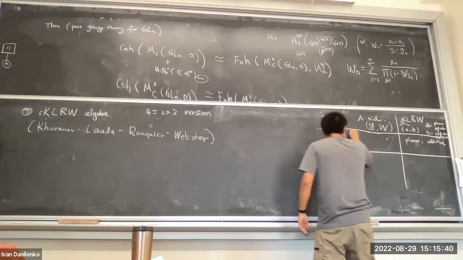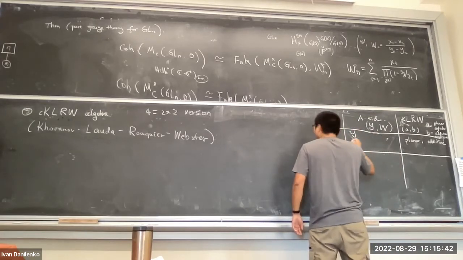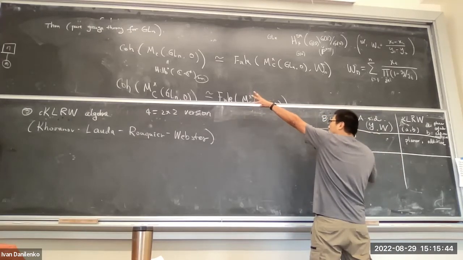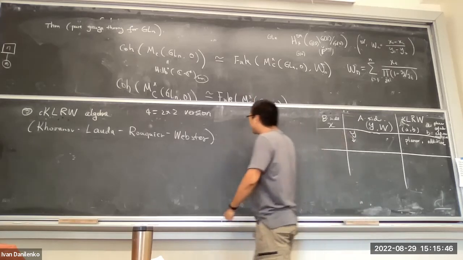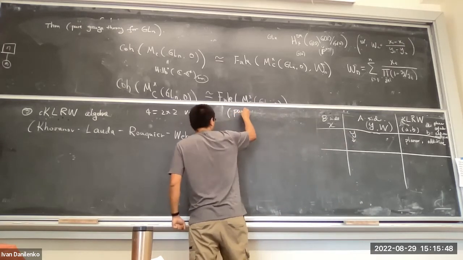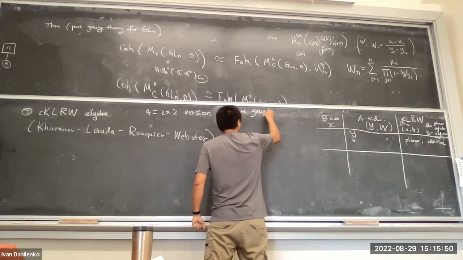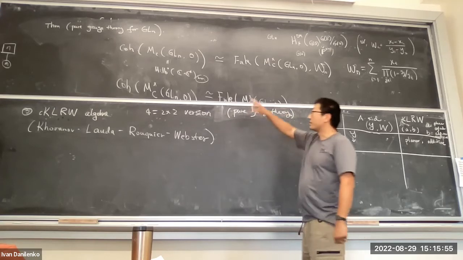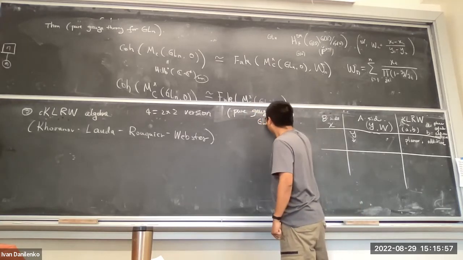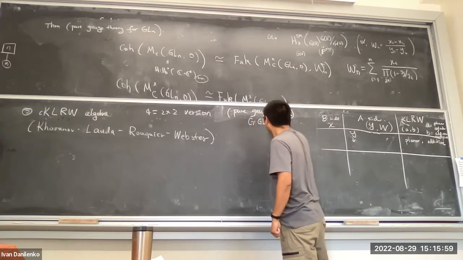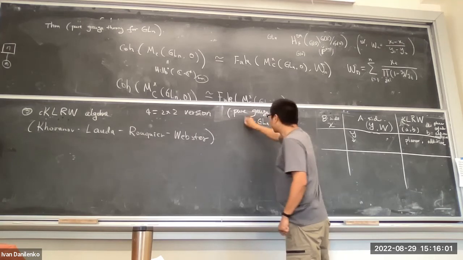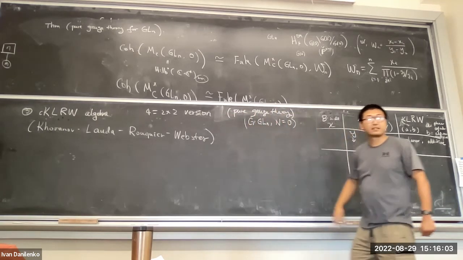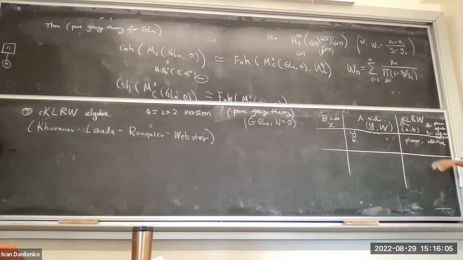My Y-sec space will map. So still, I'm just working with the pure gauge theory setting. The theory generalizes, but just for simplicity of computation I have to work with it.